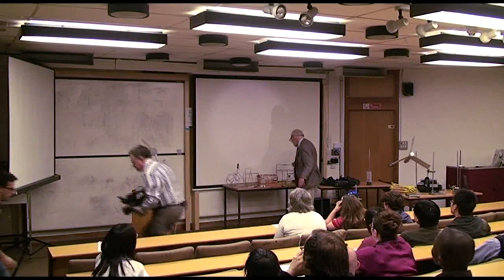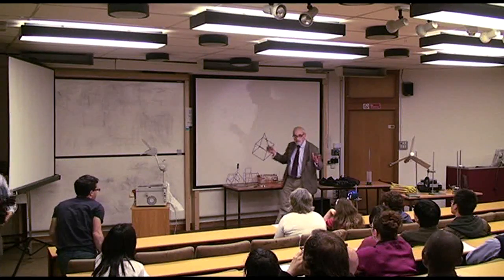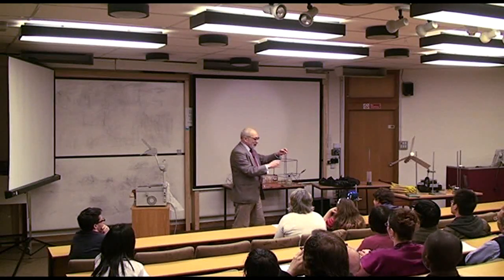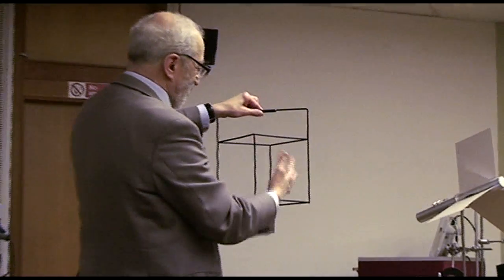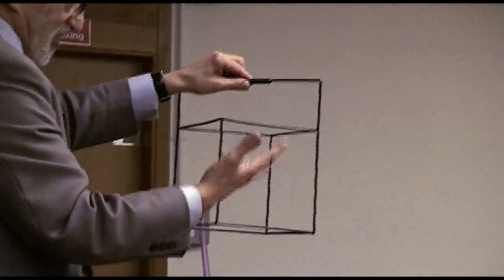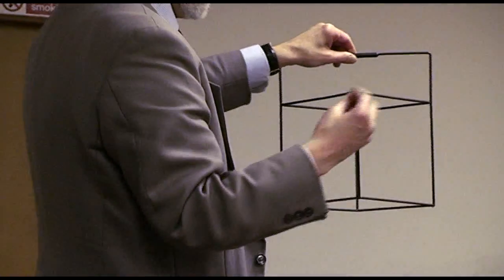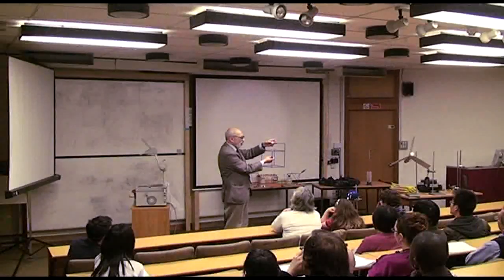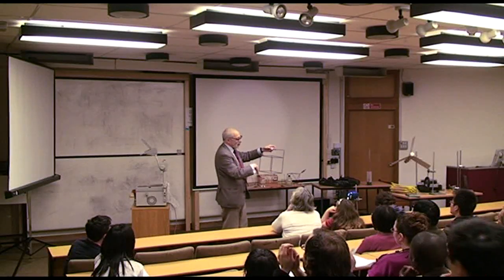Okay, well, these demonstrations have been carried out with all kinds of frameworks. In the case of the cube, which has 12 edges and 8 corners or vertices and 6 faces, you might think that the minimum surface would be a series of surfaces all meeting at a point at the center, as in the tetrahedron.